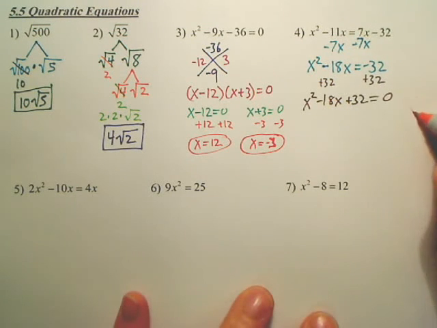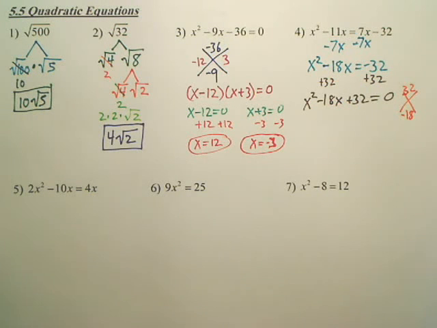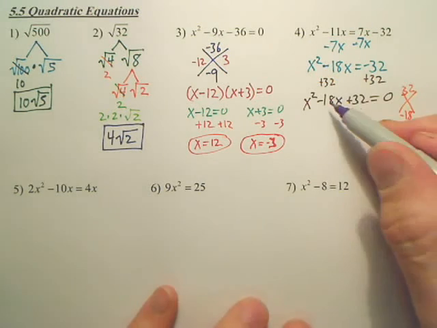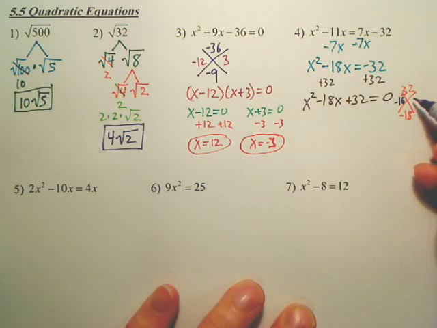We are now going to factor this. So that's 32 and negative 18. The two values are negative 16 and negative 2.